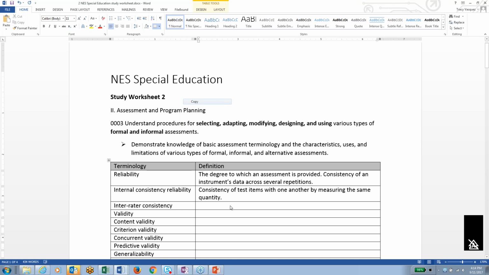Okay, let's move on to inter-rater consistency. Make sure you pop that hand up fast if you know this one. Inter-rater consistency is reliability among individuals scoring the same test. So if Mrs. Smith and Mrs. Jones are scoring the same test and they score it the same way, that's called inter-rater consistency.